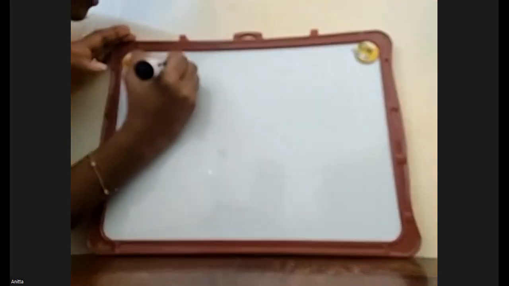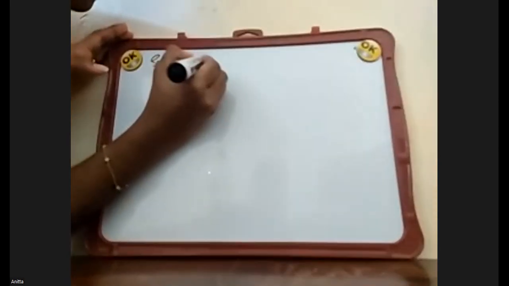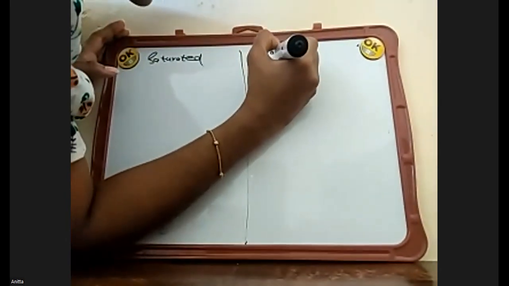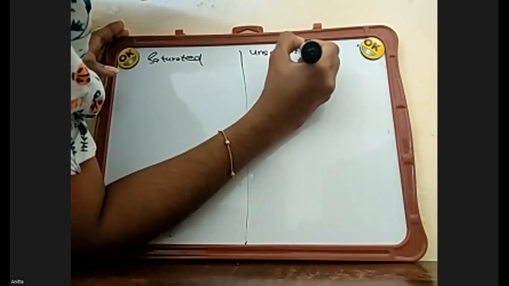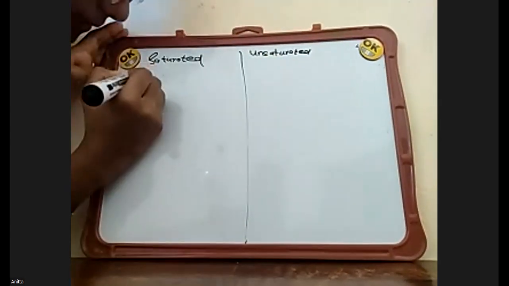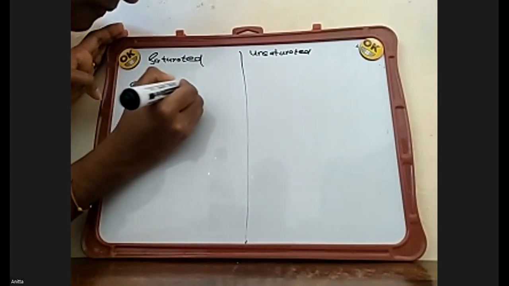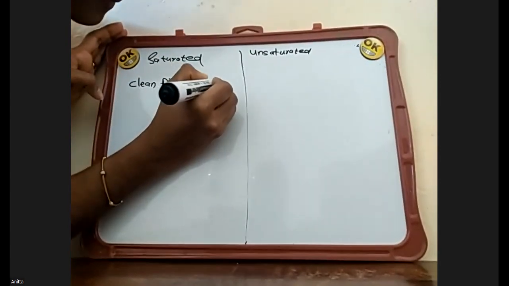Saturated and unsaturated condition. In the saturated condition, it is a clean flame in blue color.